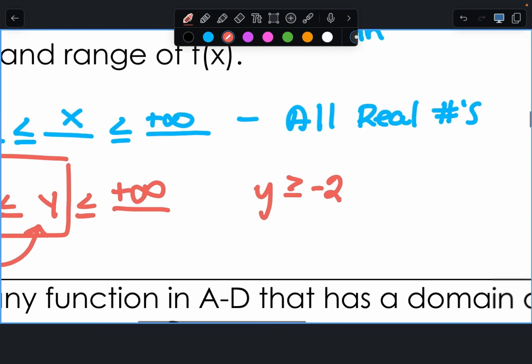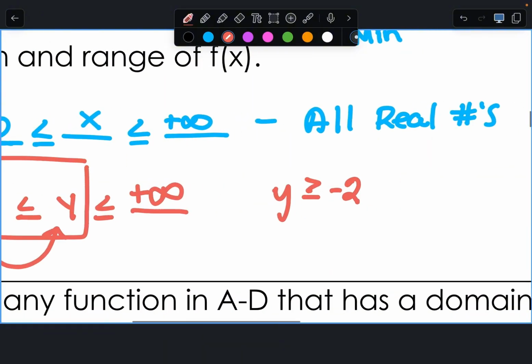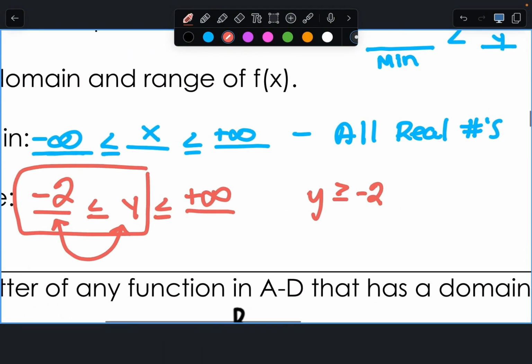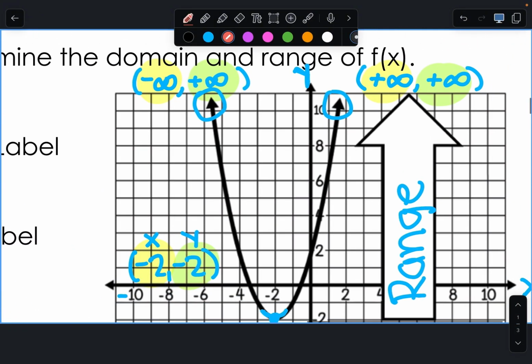I have a question. On domain, is it only like the infinities? For this one it is. It won't always be like that. Then why don't we put -2 for the domain? Because it's a comparison between the X and the Y values. The smallest X here is negative infinity.